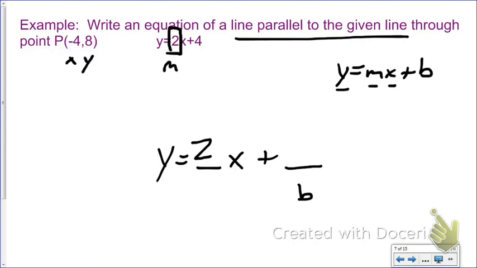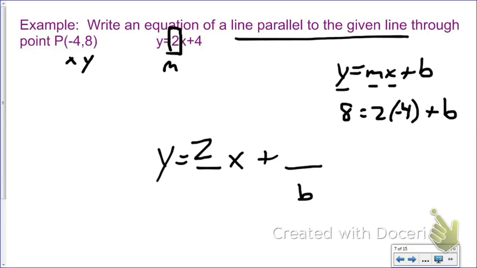We have a slope, we have an m, so we're going to plug in those three numbers into this new y equals mx plus b, and we're going to use algebra to solve for b. So if I plug those in, I would have 8 equals m is 2, and that's times x, so it'd be times -4 plus b, because b is the unknown.